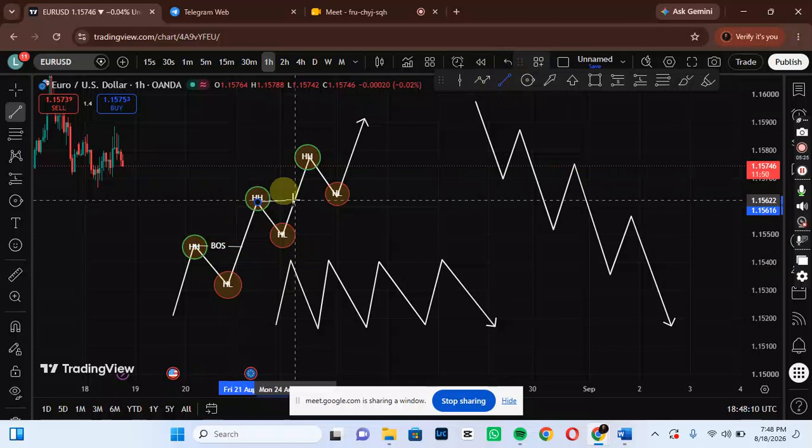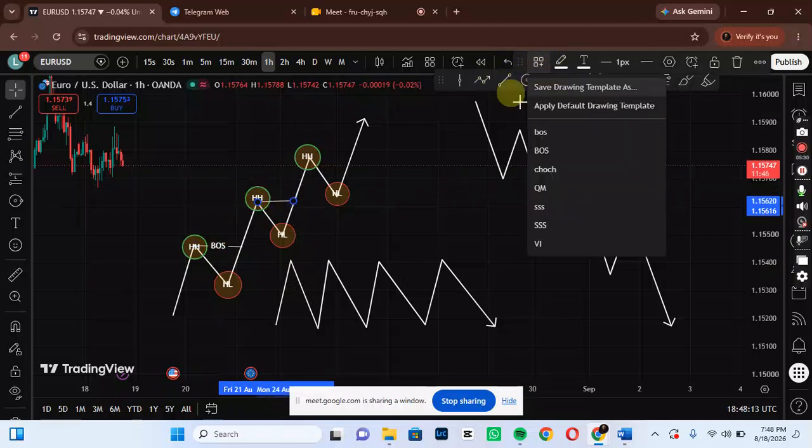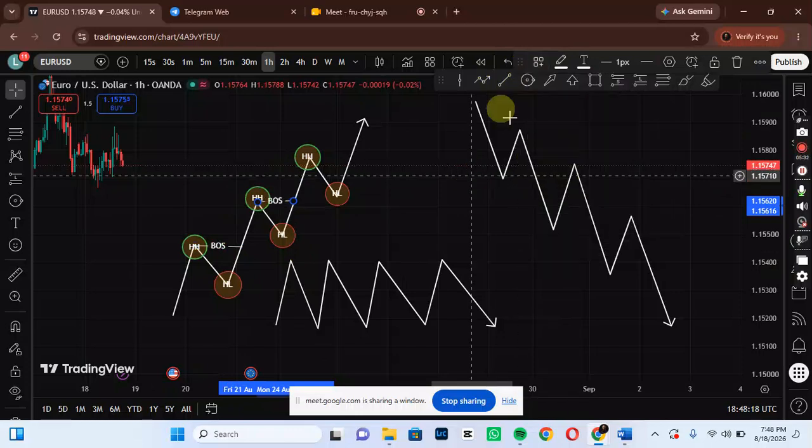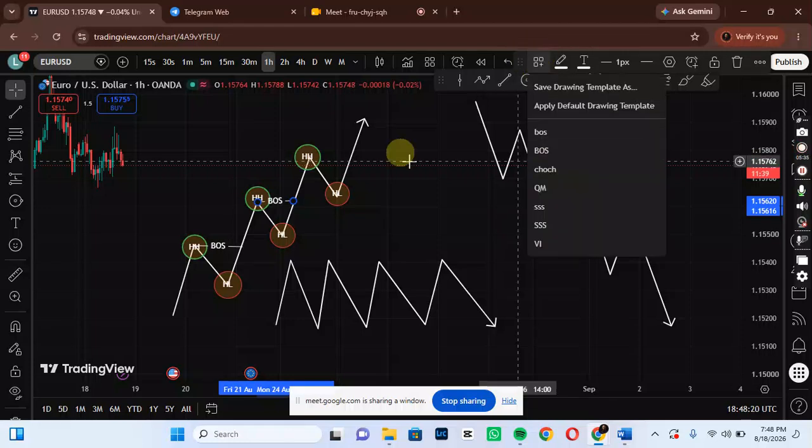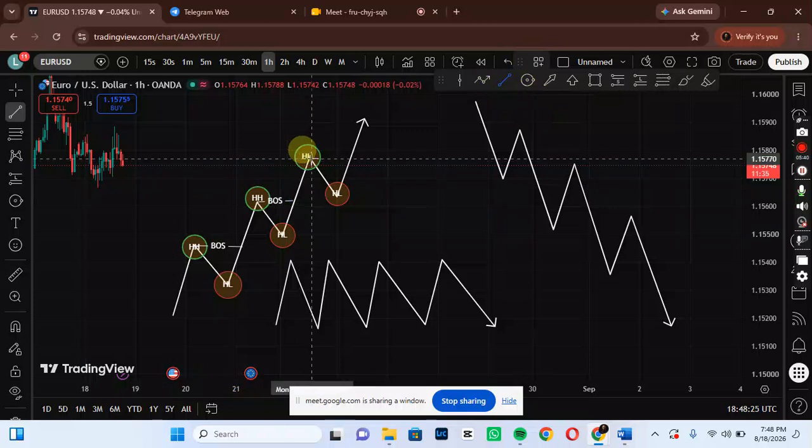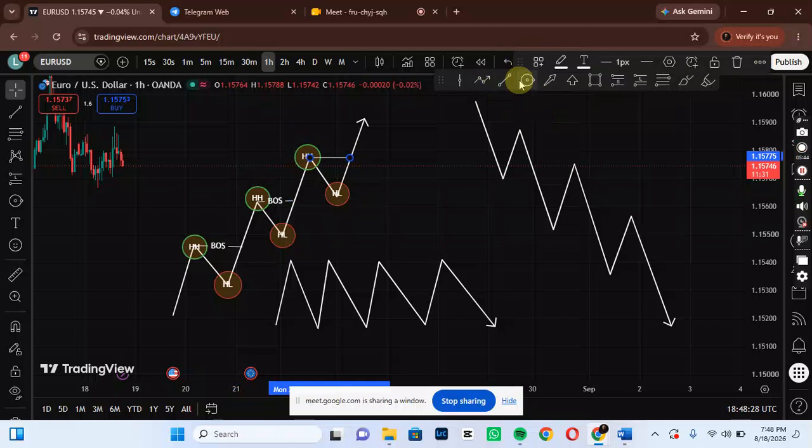Market broke structure here. Now, to confirm that this is actually an uptrend, you must have these criteria: the market breaking structure and creating a series of higher highs and higher lows.